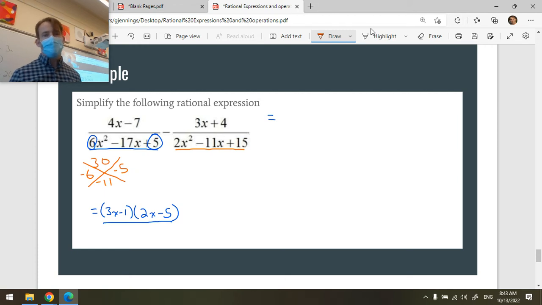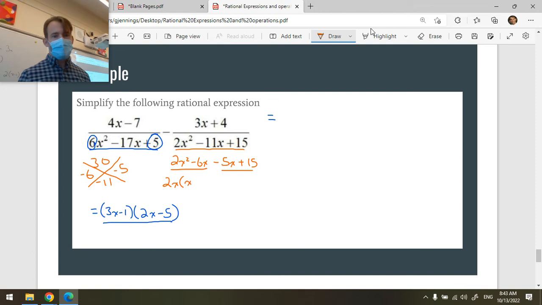I'm going to group the minus 5 with the 15 because I can see they share factors, and group the minus 6 with the 2 because they share factors. So this becomes 2x squared minus 6x minus 5x plus 15. This is factoring by grouping, this is called. 2x is the common factor there. And it's going to multiply by x minus 3 once I divide those both by 2x.